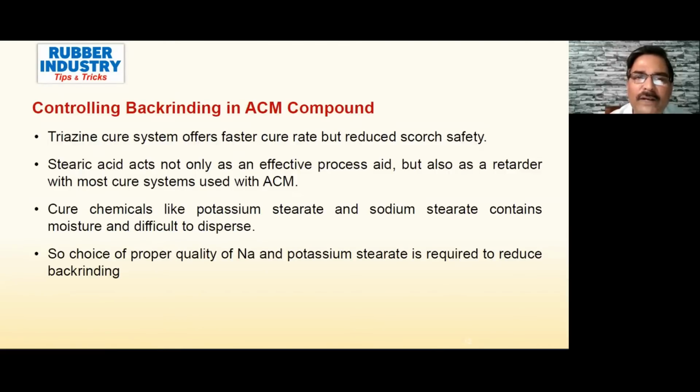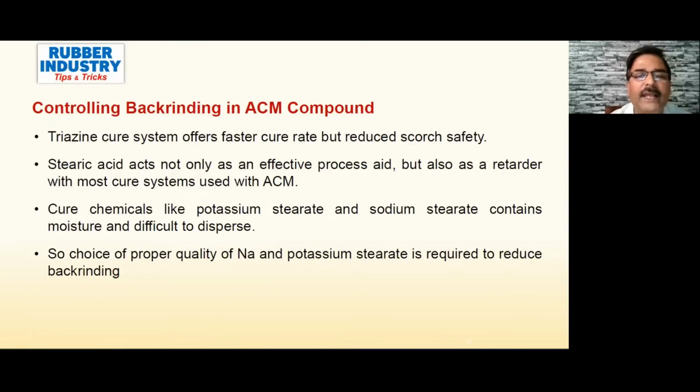Stearic acid is often added inside the compound. This acts not only as an effective process aid, but also as a retarder with most cure systems used in ACM rubber. So an overall balance of stearic acid with certain process aids needs to be obtained to reduce backrinding.